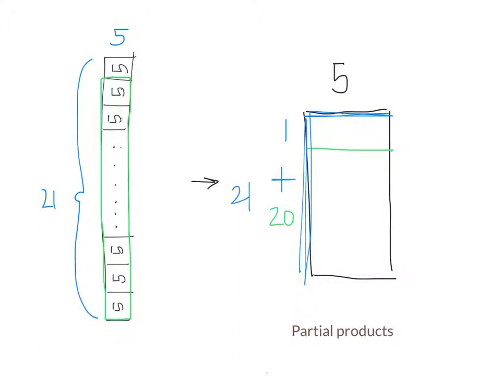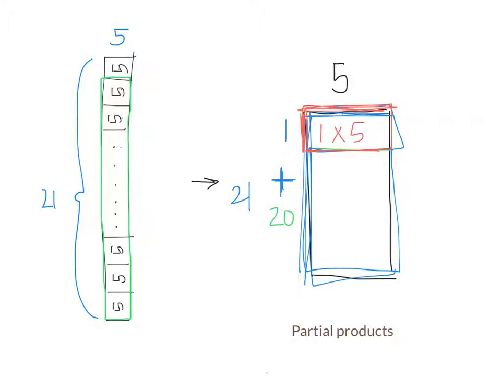But we know that 21 is the same thing as 20 plus 1. So I broke it up actually into two smaller rectangles, a 20 and a 1. Does that make sense? Is this related to how we did area models before? Yeah. Now, if I want to find the area of this top smaller rectangle, I need to multiply the length times the width. So what's the length? It's 1, and the width is 5.